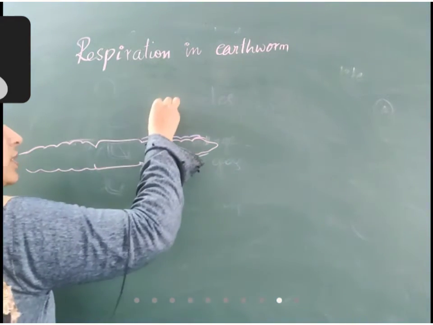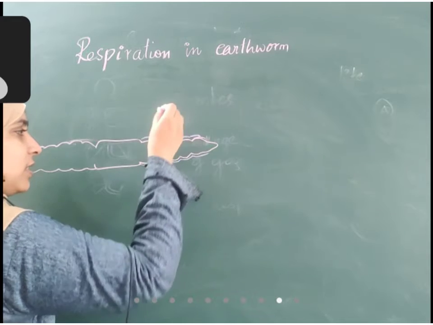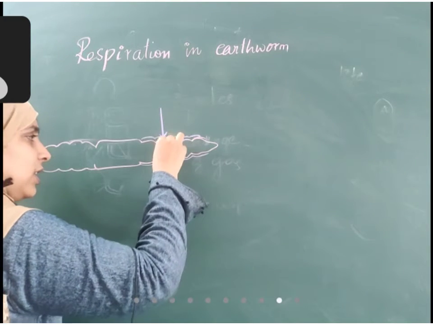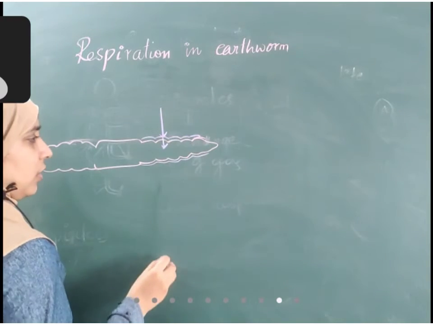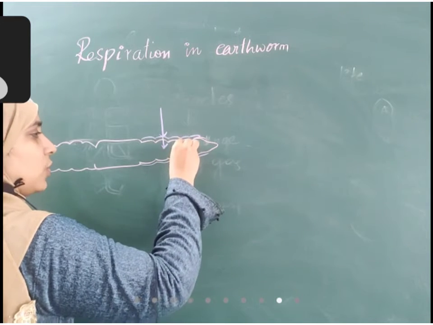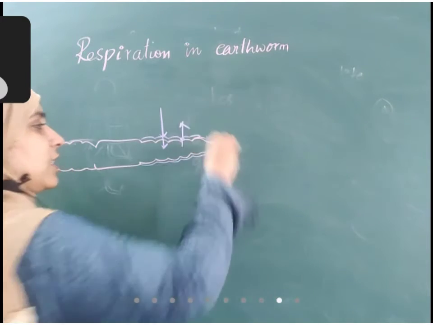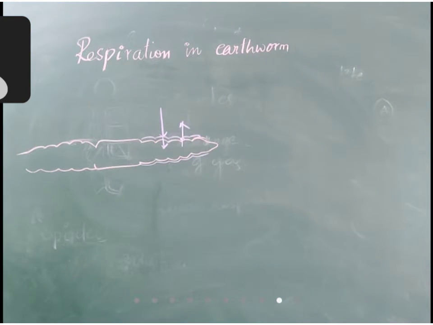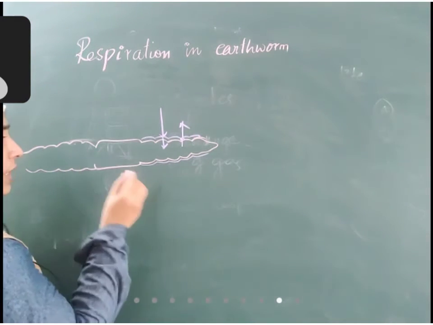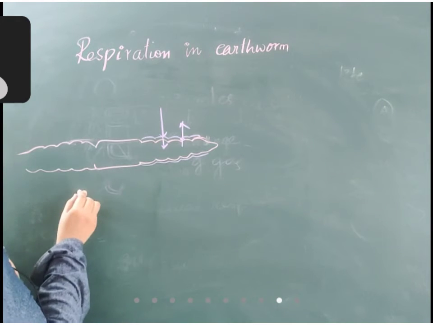Oxygen dissolves in this moisture first, then through skin it enters into the body. When carbon dioxide comes out also, it dissolves in this moisture. From moisture it escapes into the air. For these organisms, keeping their body moist is very important.